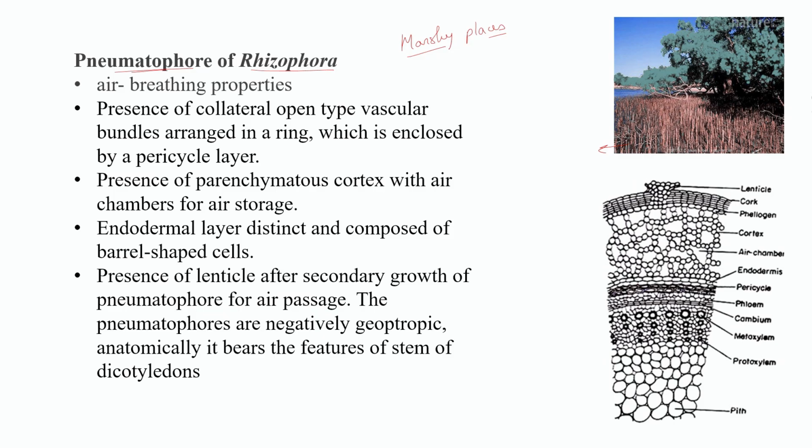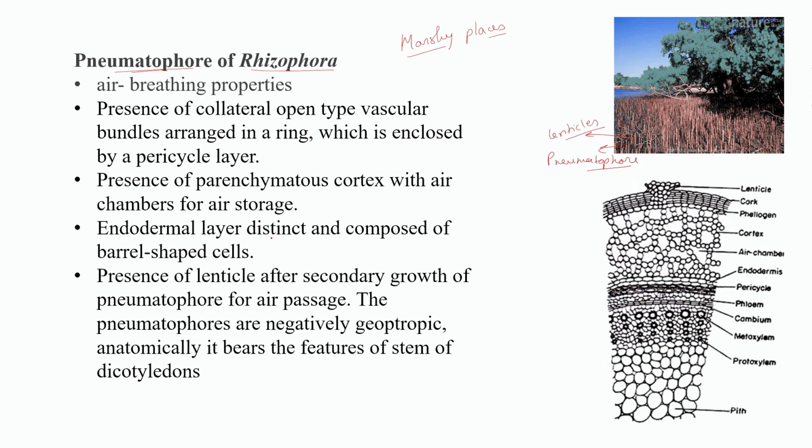Normally the roots are found below ground, but these roots come out above ground and they are known as pneumatophores. They have a lot of lenticels, that is air-breathing pores, in these roots, and with the help of them they respire.